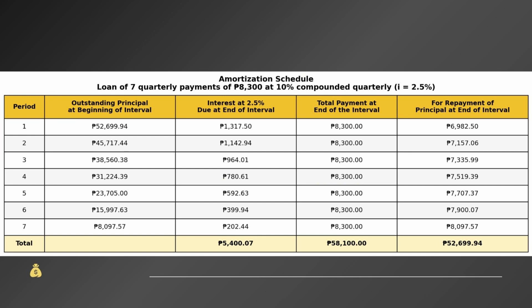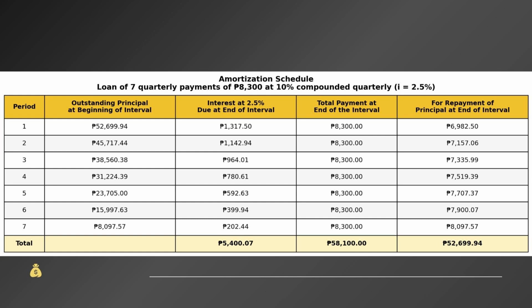Notice that in each period, the outstanding principal steadily decreases, and along with it, the interest charge also gradually decreases, since there's less debt remaining. On the other hand, the portion of each payment that goes toward the principal gradually increases. By the 7th period, the outstanding principal and the final principal repayment match exactly, meaning the loan has been fully paid off.